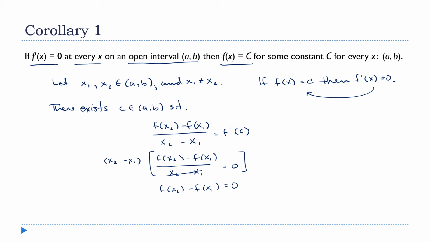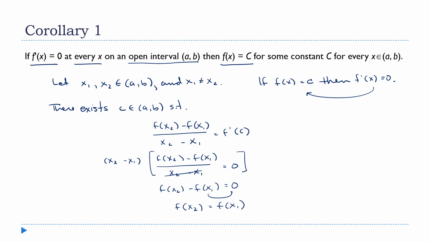All right, but look, move that over. f of x2 equals f of x1. And that's what I needed to show, right? You pick any two numbers on that interval, and they have the same function value. The only way that's going to happen is if the function is equal to a constant.